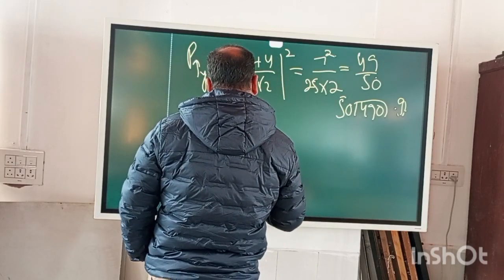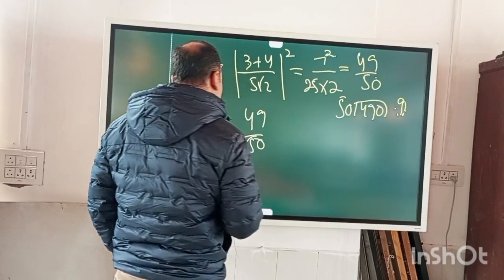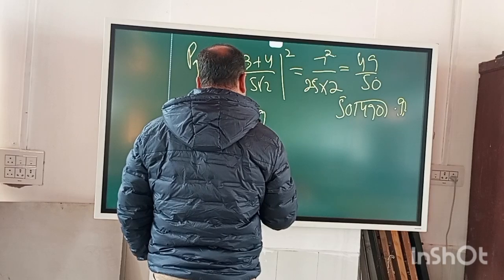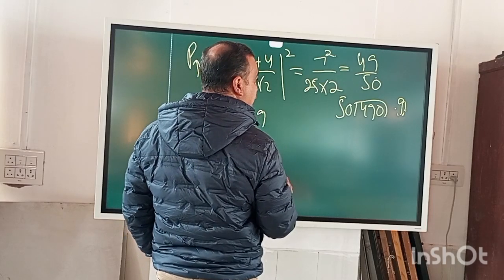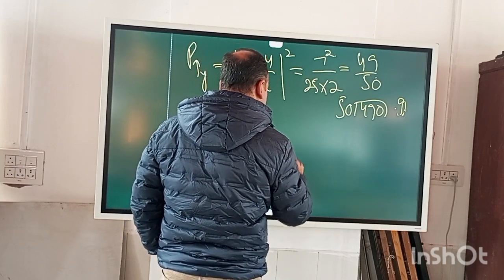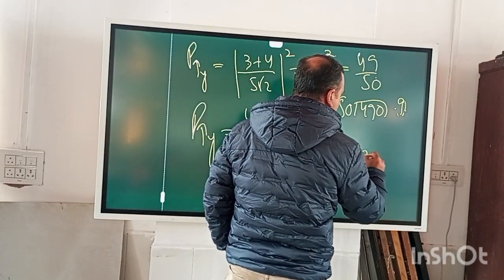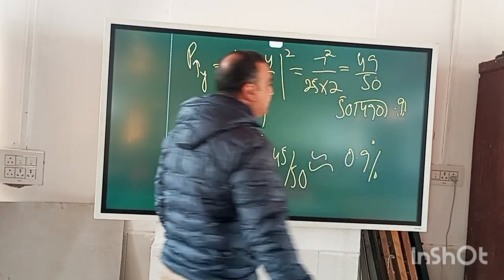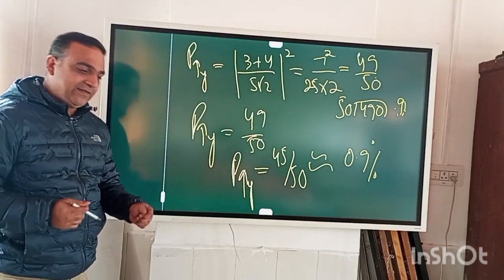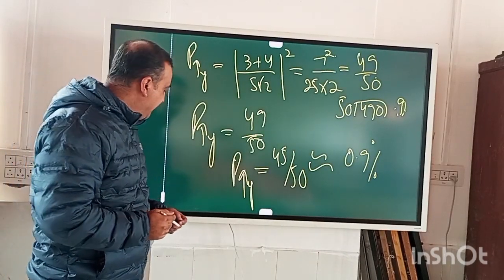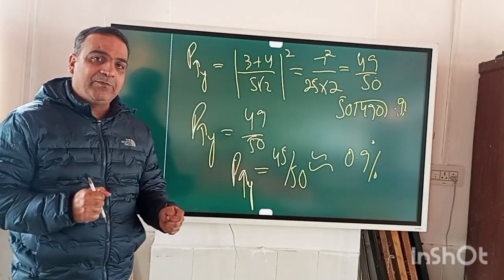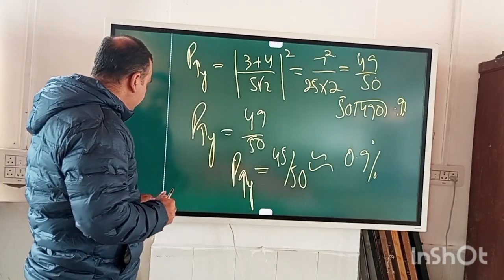So the probability of getting spin up along y is going to be 49 by 50, which is nearly equal to 0.9. So this will be the probability that we will measure for spin up along y.